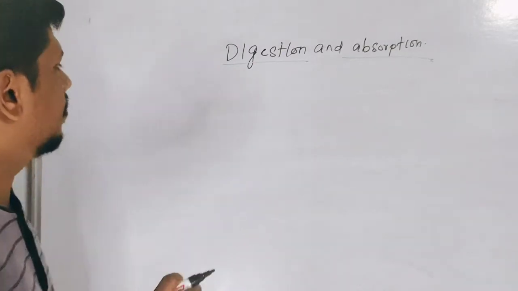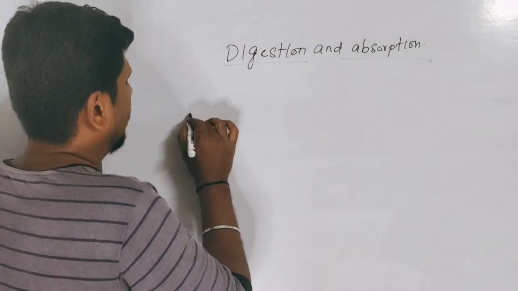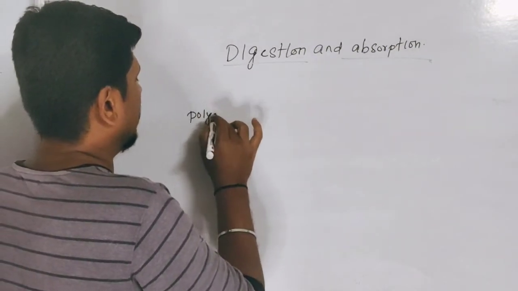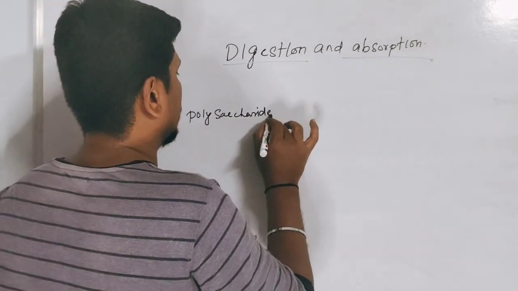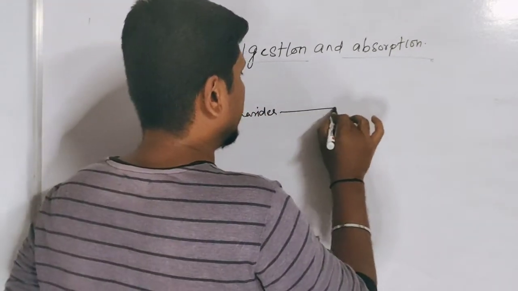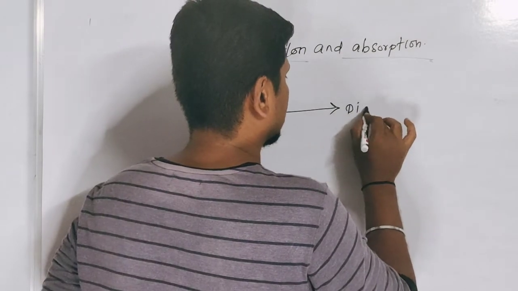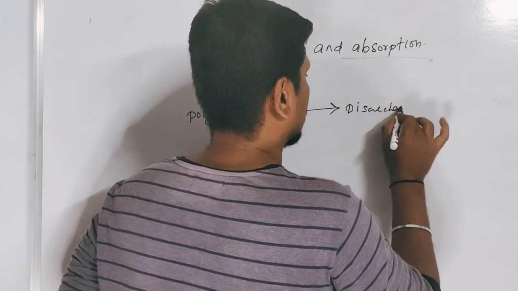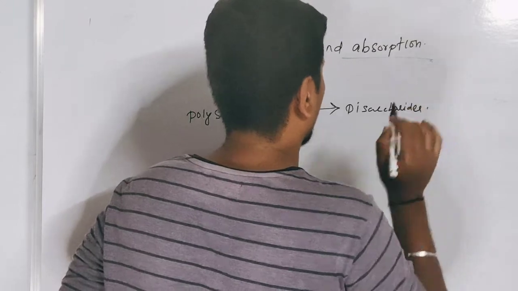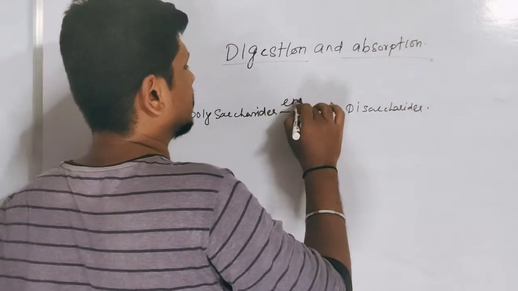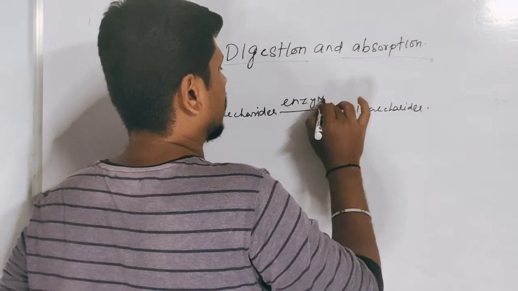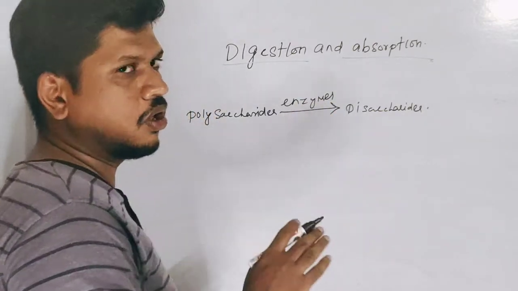I'll give you an example. For example, polysaccharides need to be converted into disaccharides with the help of some enzymes. I'll tell you what enzymes are later.